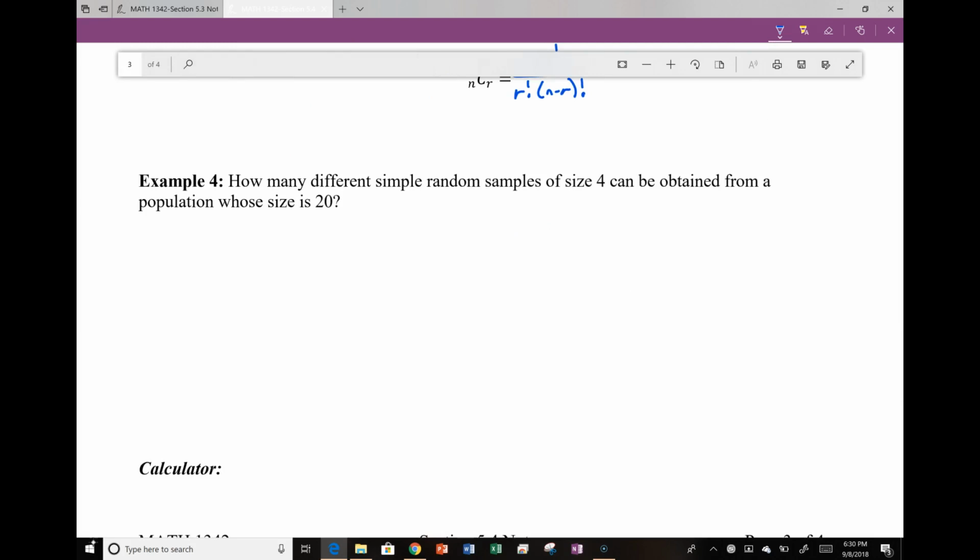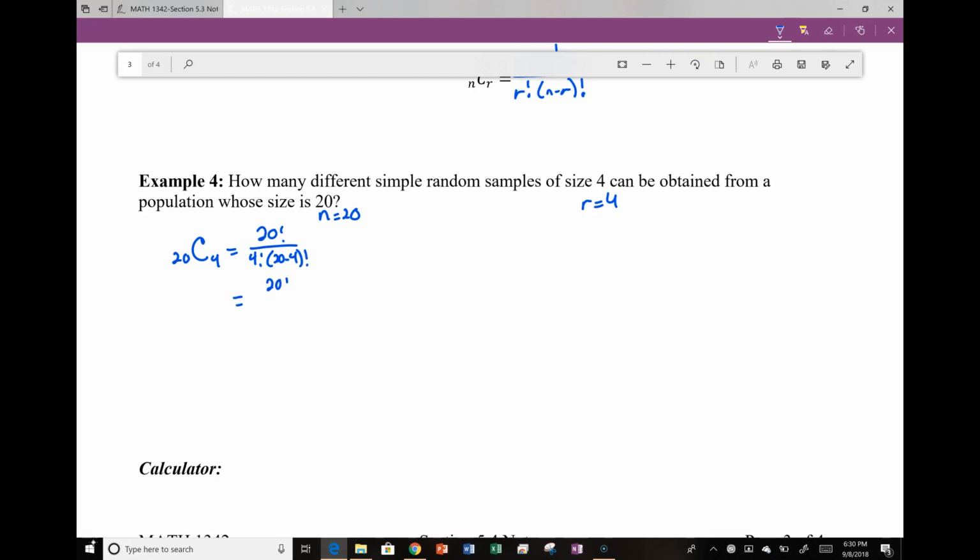How many different simple random samples of size 4 can be obtained from a population whose size is 20? So this means we have N being 20, and we're going to select 4. So we're going to have 20 choose 4. That is 20 factorial over 4 factorial times 20 minus 4 factorial.